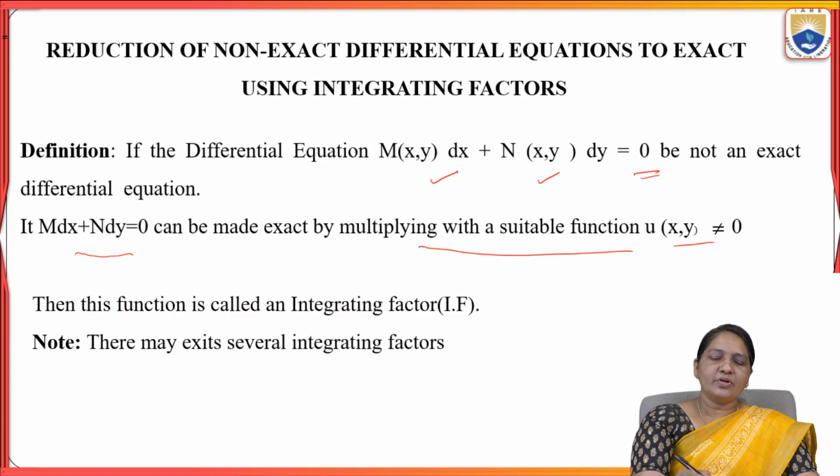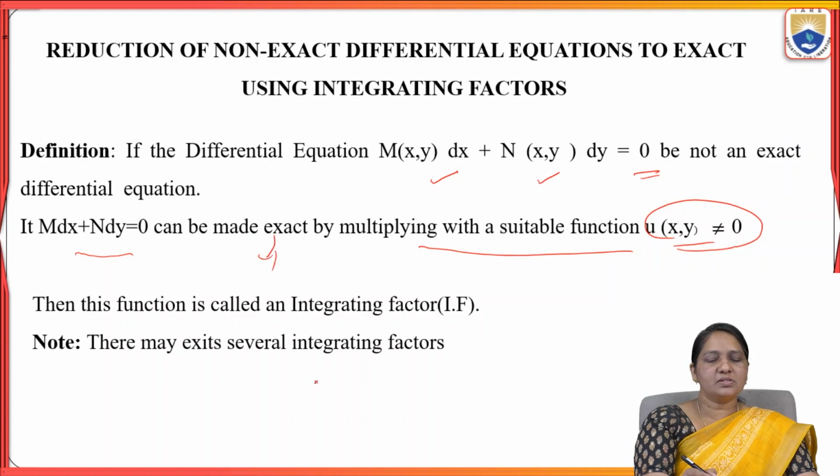That means we should multiply with some function to convert this equation into an exact equation. Here, ∂M/∂y is not equal to ∂N/∂x, so we can say that this equation is not an exact differential equation.